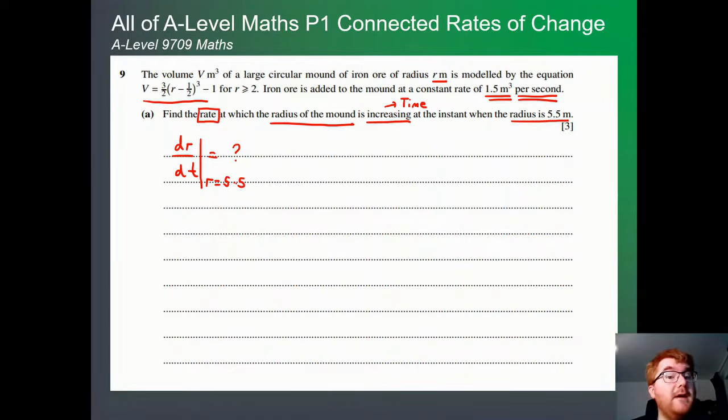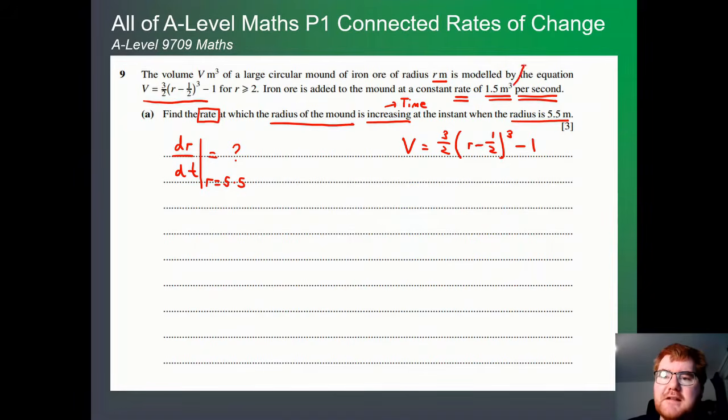But let's look at what information we have. First of all, we have this formula here: v equals 3 over 2, r minus a half all cubed, minus 1. So we have v in terms of r here, so we could actually work out at some point dv by dr. We've also got this extra information: iron ore is added to the mound at a constant rate, got that keyword rate, 1.5 cubic meters per second.